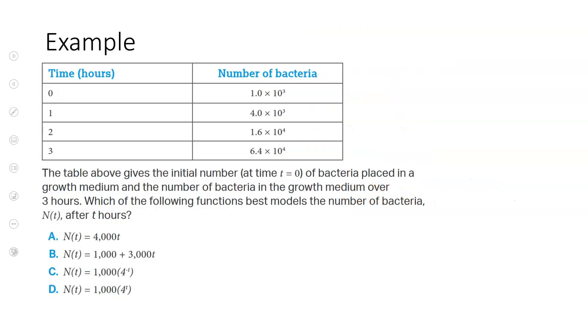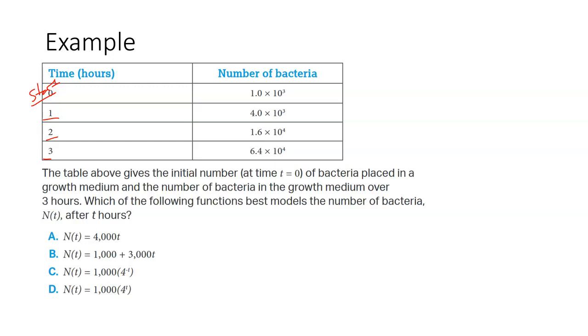All right. So here I have a table that gives the initial number of bacteria placed in a growth medium and the number of bacteria in the growth medium over 3 hours. So here's the start, and then after 1 hour, 2 hours, 3 hours. How much bacteria was in the growth medium after that amount of time? 1.0 times 10 to the third is what number?